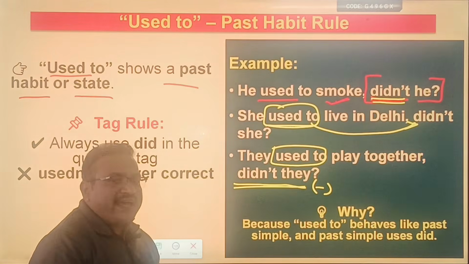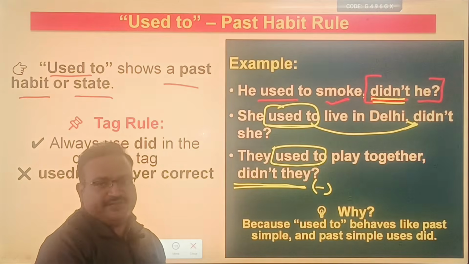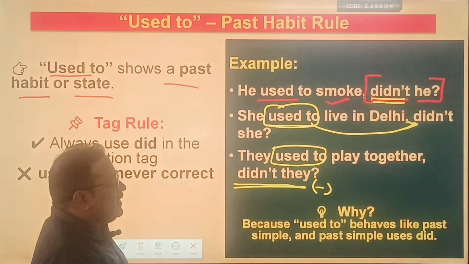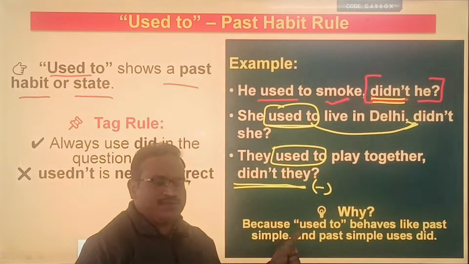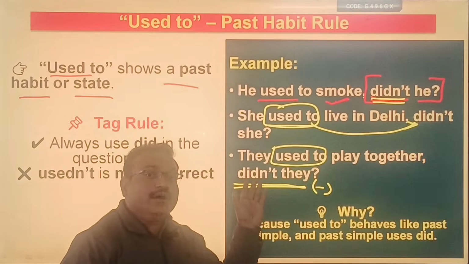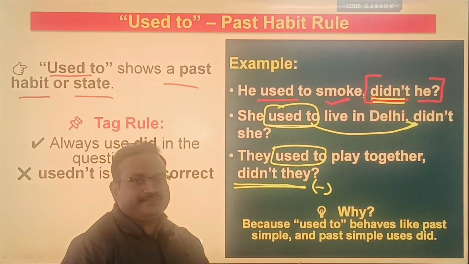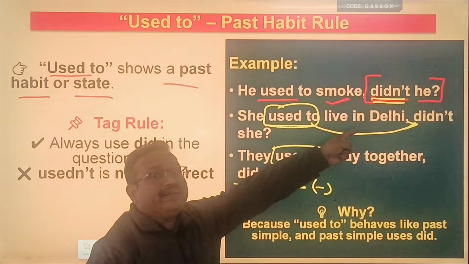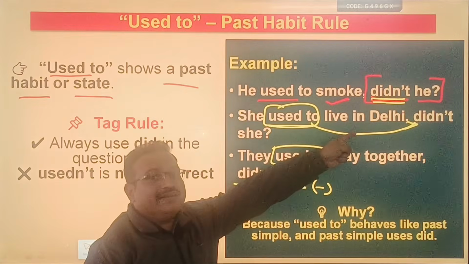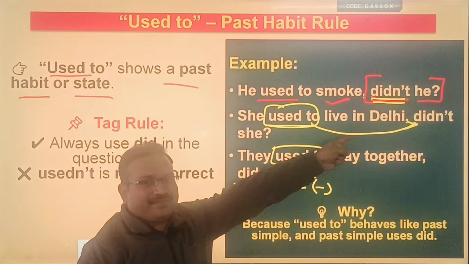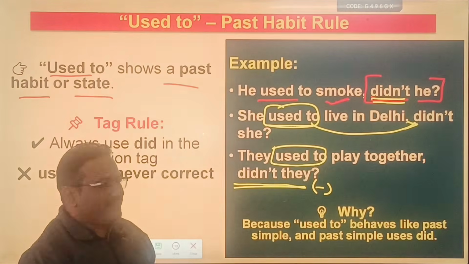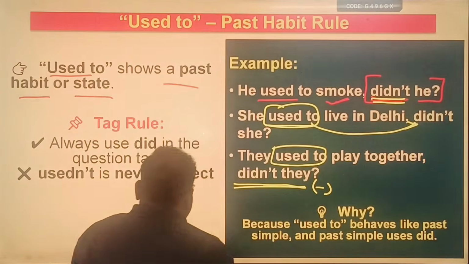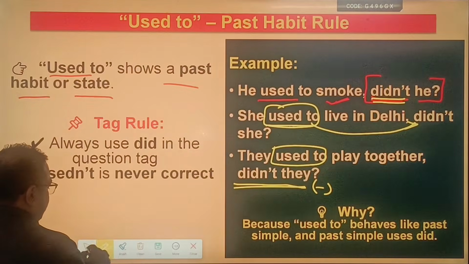So you have to apply that polarity rule everywhere first. And second, you have to be very, very careful about auxiliary verbs. Like used to, the tag will be did or didn't. Next one.